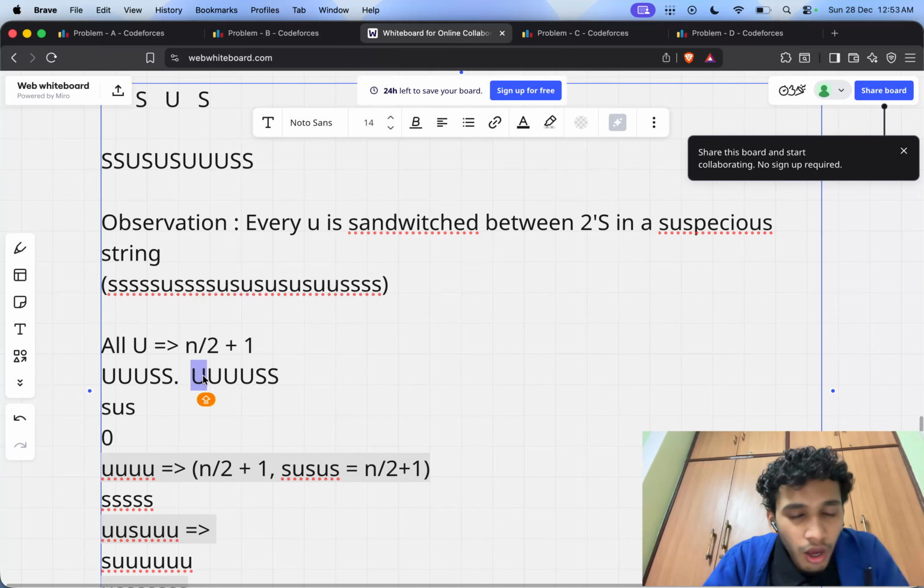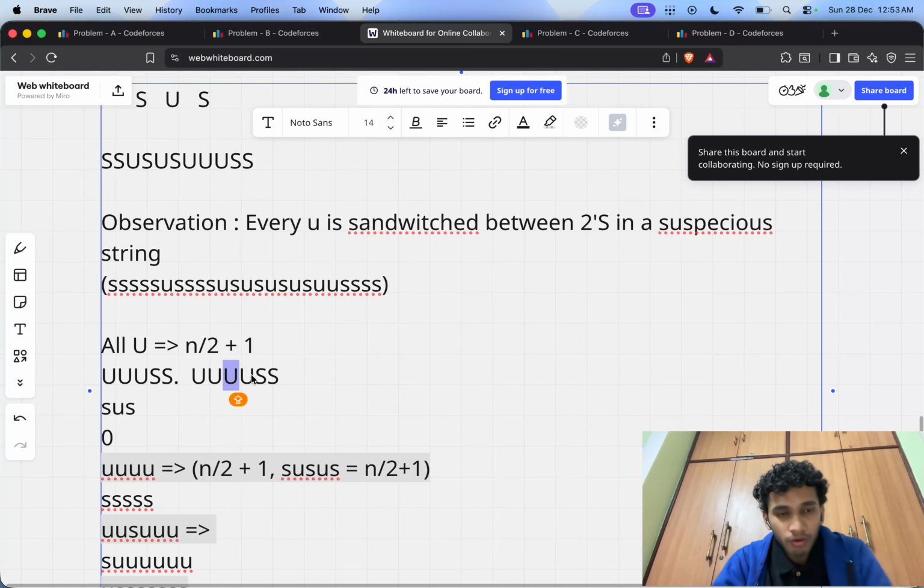For even, we will need to replace the first one, then this one. So for even case, we need to replace it by n by 2, and for odd case, it is replaced by n by 2 plus 1. So overall, we can write it down as floor of n plus 1 divided by 2.